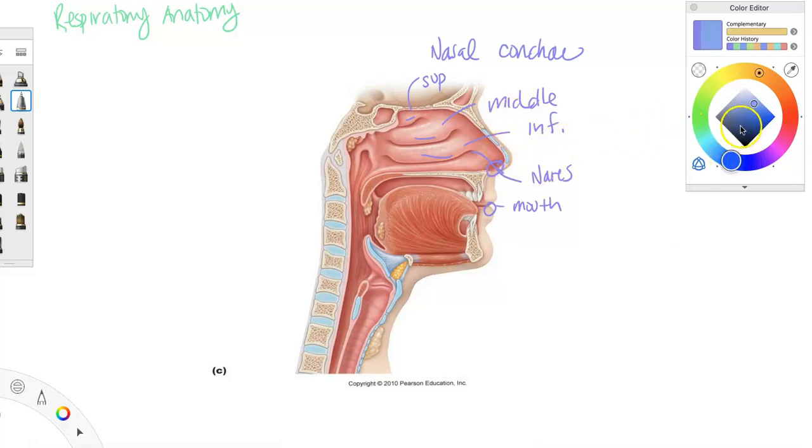So air comes in here, and these conchae are covered with membrane, mucous membranes, cilia, and all of that. And these little shelf things called conchae make the air rough.